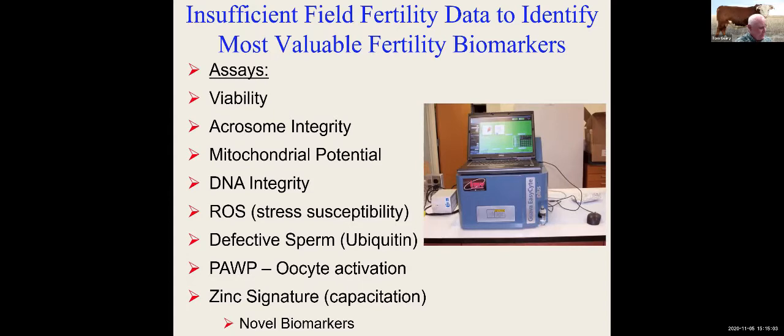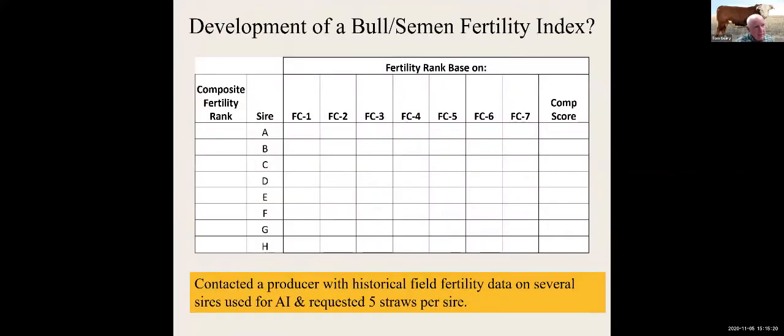So what has me convinced, though, that this is a way of moving forward as far as measuring bull fertility, or confidence in some of these measures, I'm going to share with you in a story. We were trying to work with a very large producer to help us develop some better markers, or identify better markers, of semen and bull fertility.